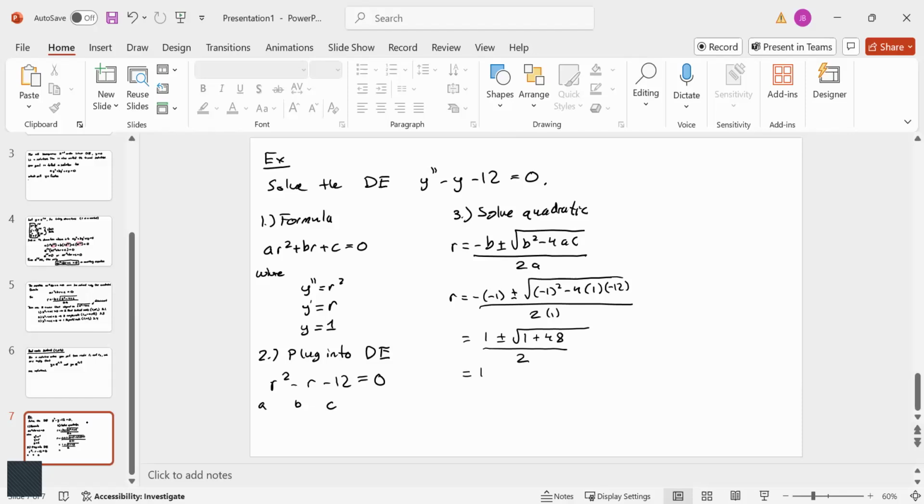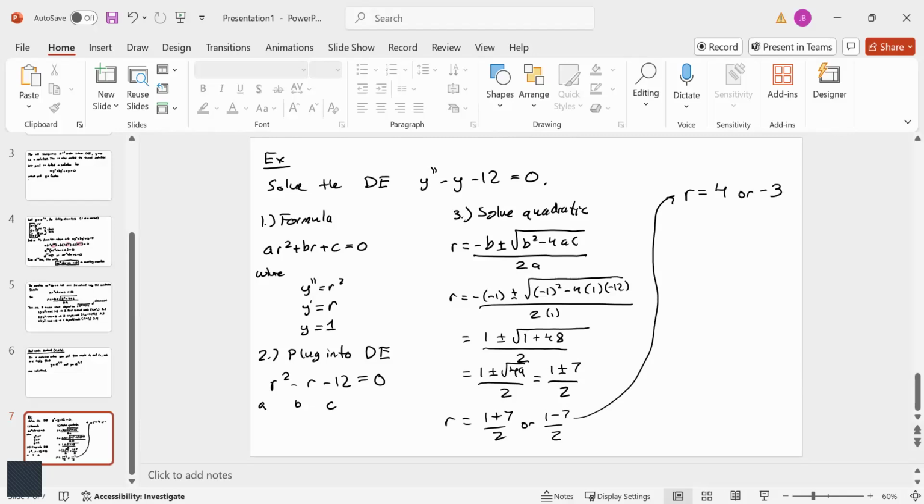And here we get square root of 49, which I hope we all know, but if we don't, calculators exist. It's 7. And then we get 1 plus 7 over 2, or 1 minus 7 over 2. And then the result is that we get 4 or negative 3.